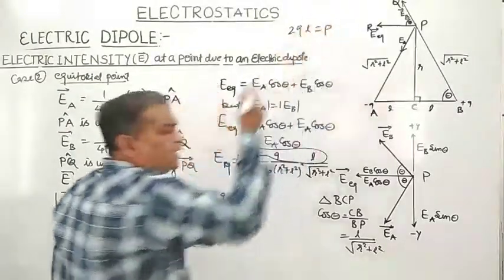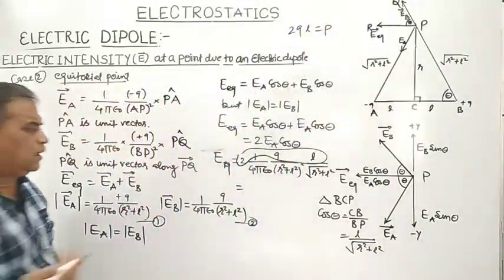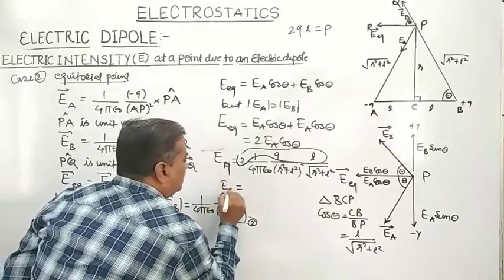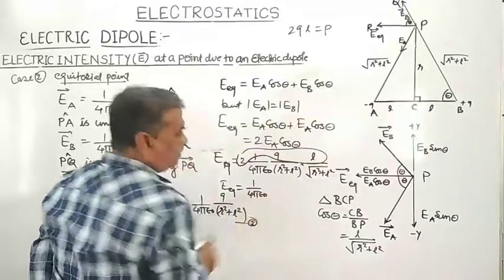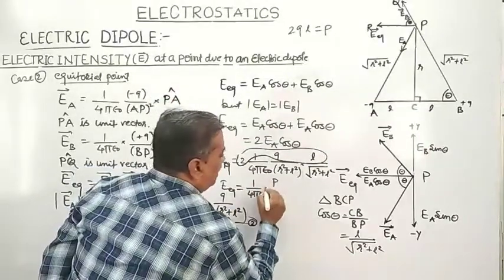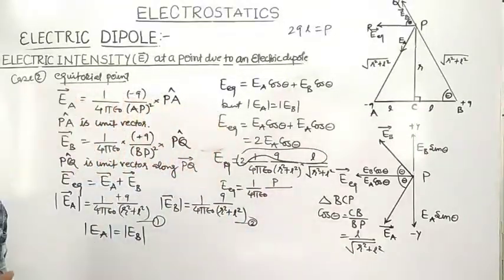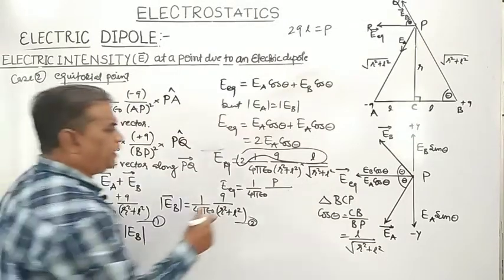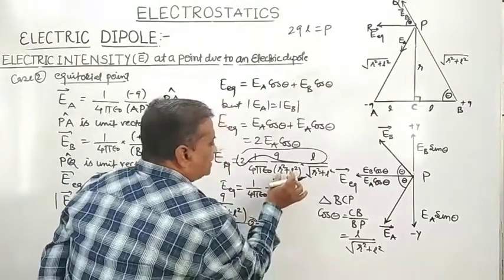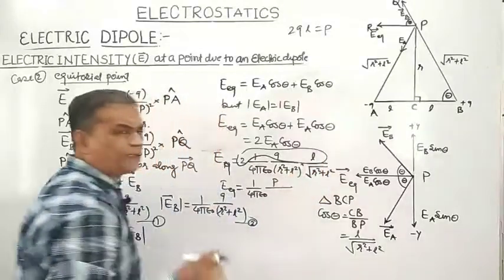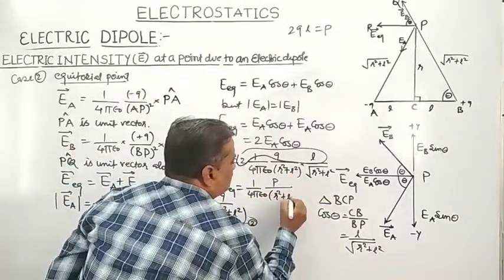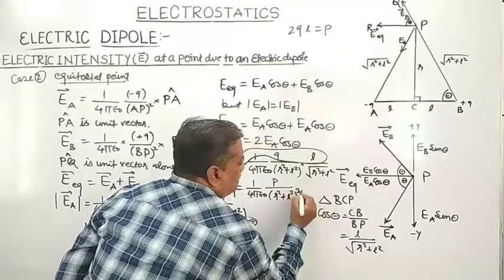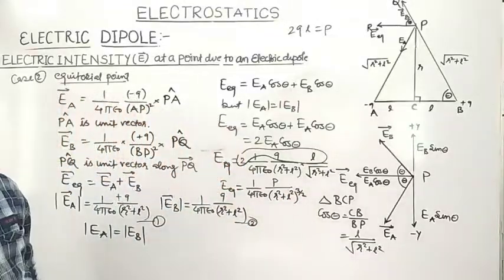It is equal to the electric dipole moment P. So E equatorial is equal to 1 upon 4 pi epsilon 0 P divided by R square plus L square, raised to what? 3 by 2, raised to 3 by 2.